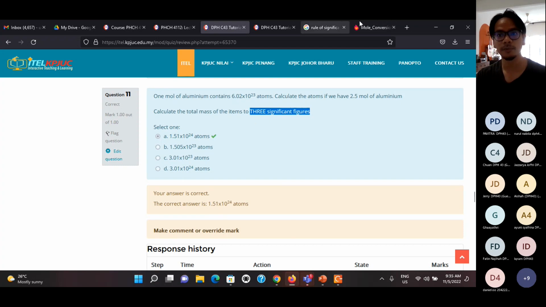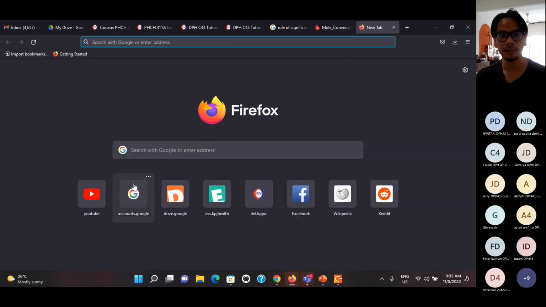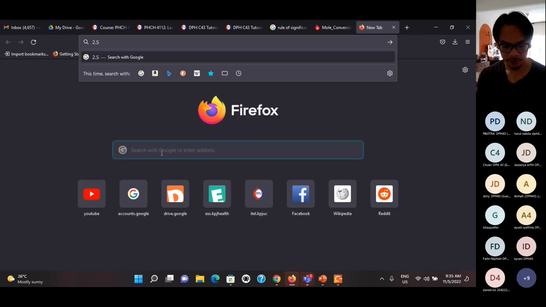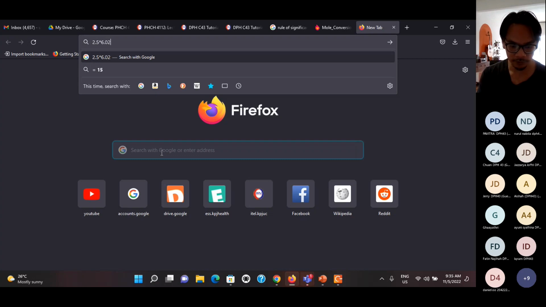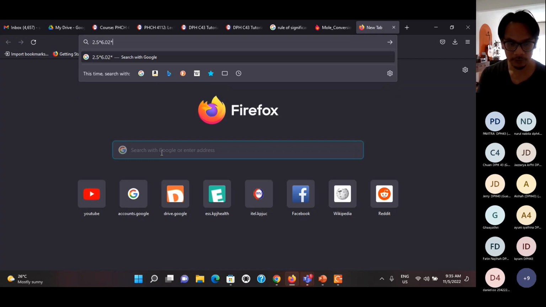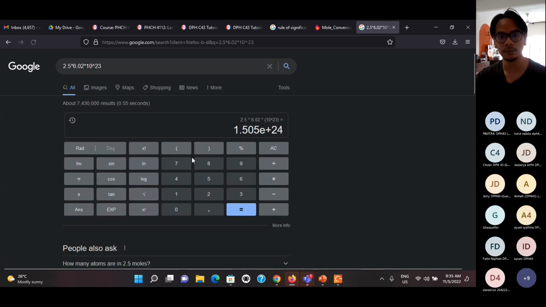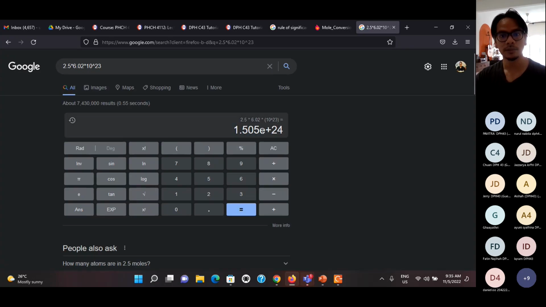Okay, so this is important because bila kamu calculate 2.5 multiply with 6.02 then the power of 23, this is the digit that you will get: 1.505 darab 10 kuasa 24. So ada 4 digit kat sini.